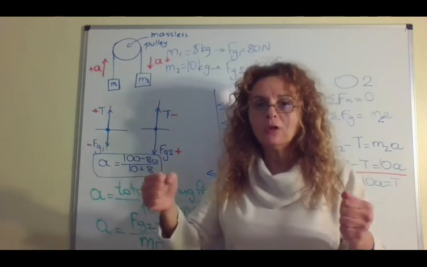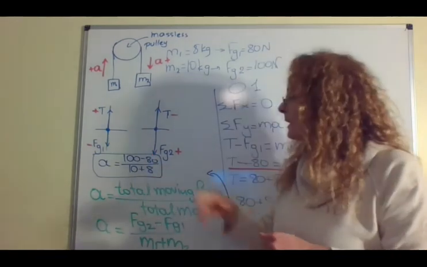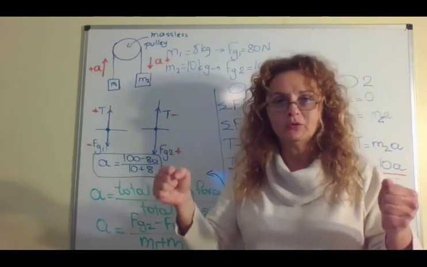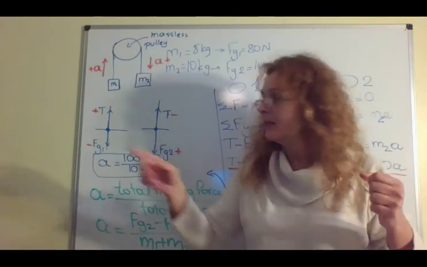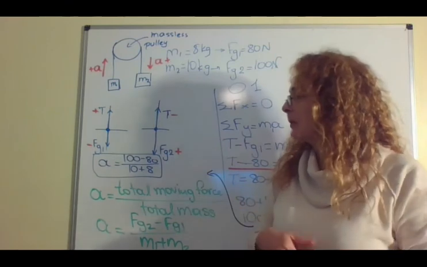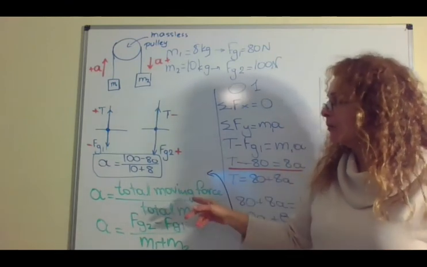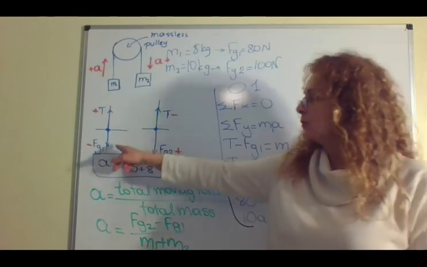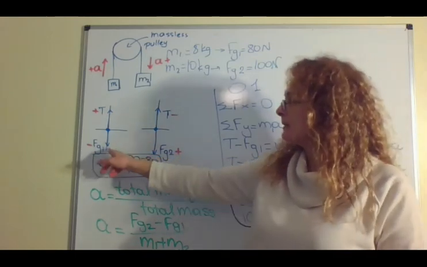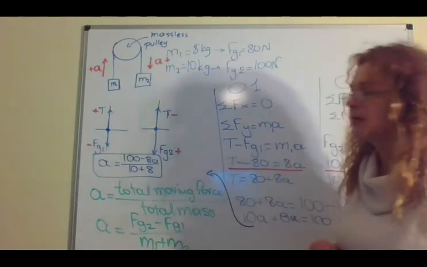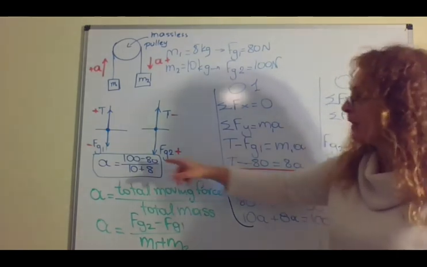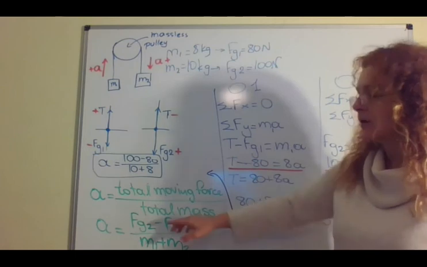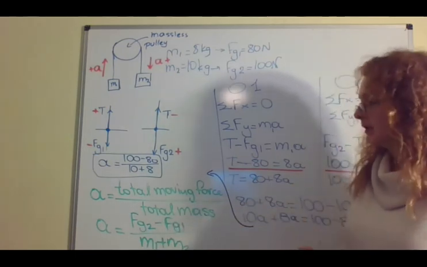So actually the total force, the remaining, is found by subtracting these two, because these two are opposing forces. So the total moving force will be found if I subtract these two: the force due to gravity 2 minus the force due to gravity 1. And this is what I actually have here.